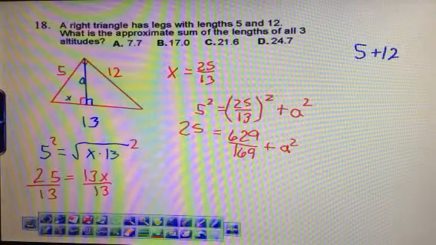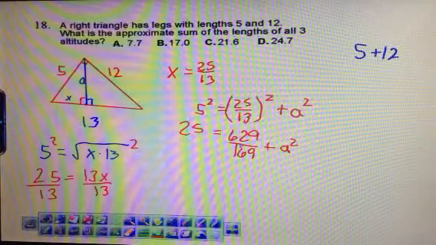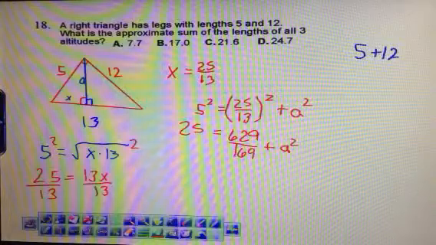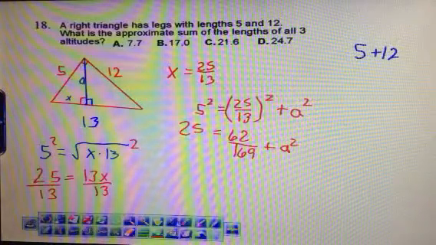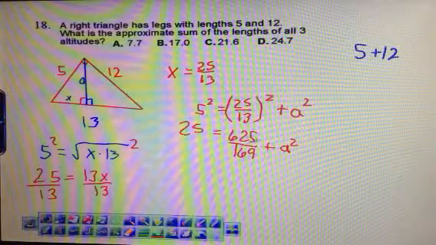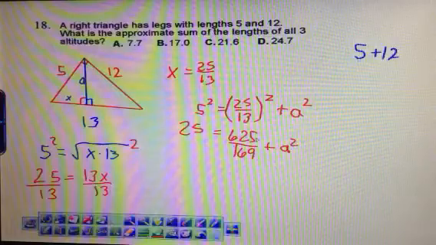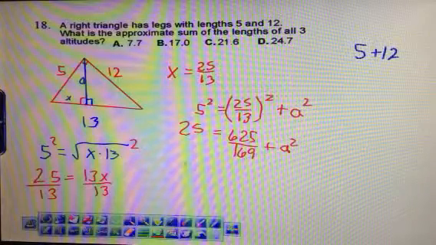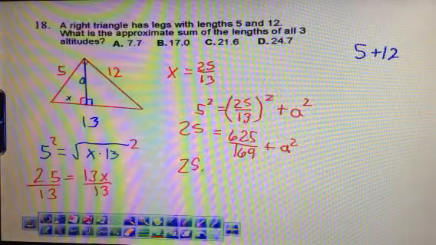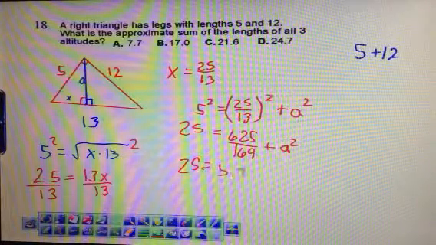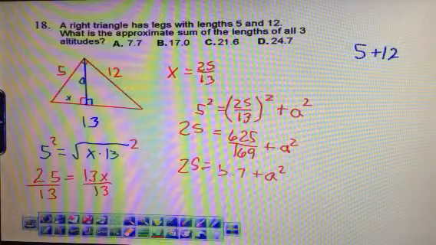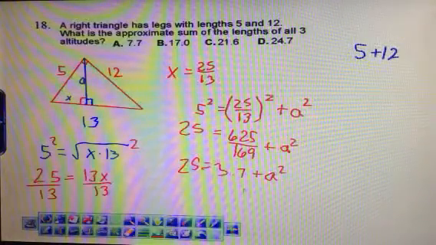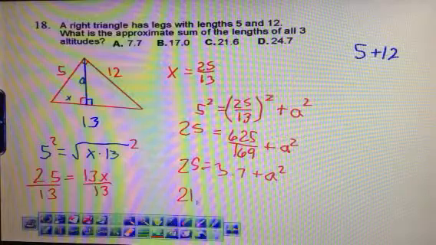At some point we probably want an approximate value for this, so if we do 625, yeah, it should be 625, divided by 169, we get about 3.7, and if we subtract 3.7 from each side, so we'll take that value, subtract it from 25, and we're going to keep it in our calculator so that we don't have to round until our final answer.